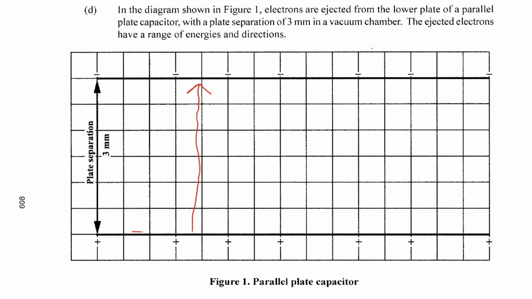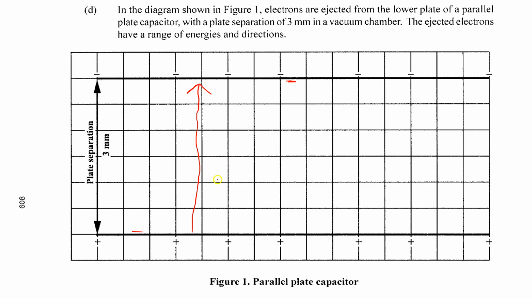And to find the maximum kinetic energy, it would be the energy coming from the power source that would literally stop the electron from reaching the upper plate. Because if you bring the electrons all the way up to that plate, chances are they're going to be deflected, because negative to negative they're going to repel each other.